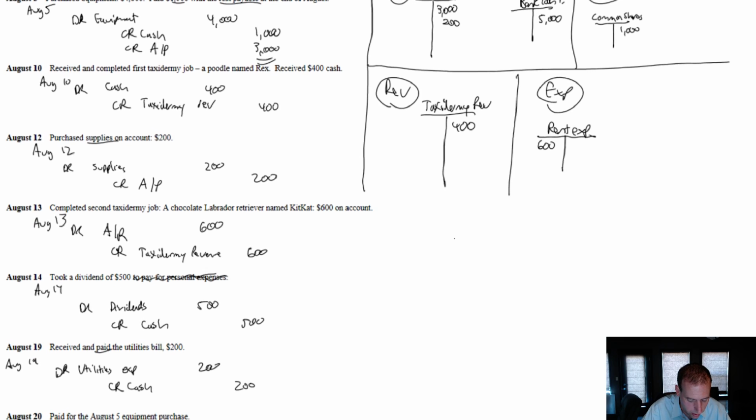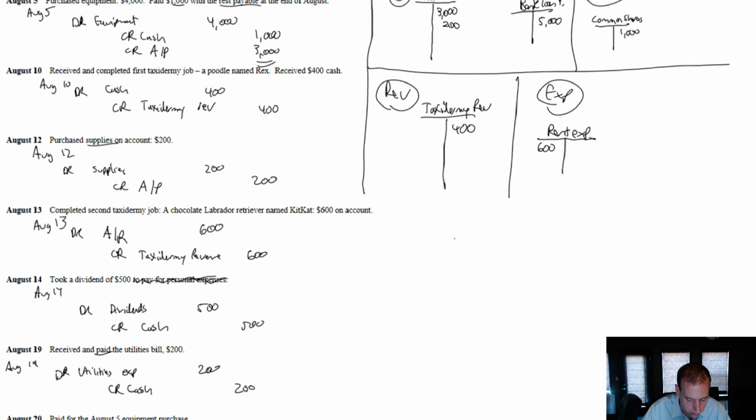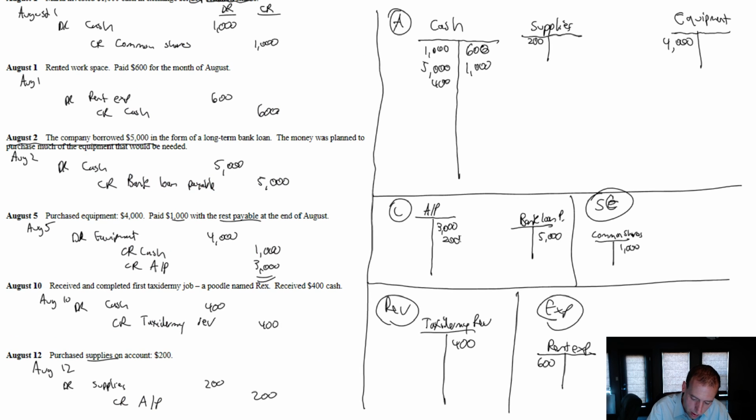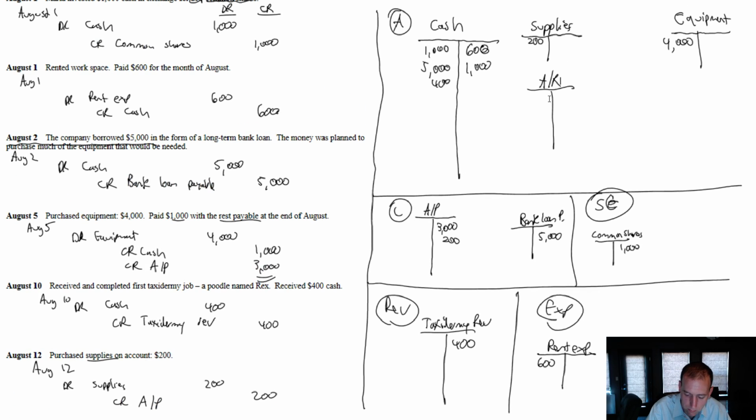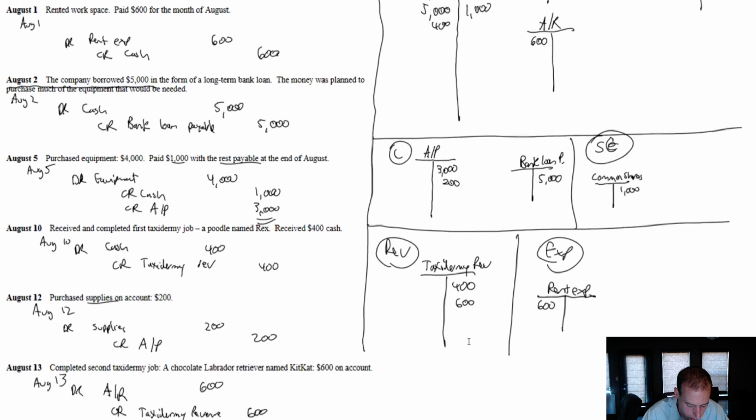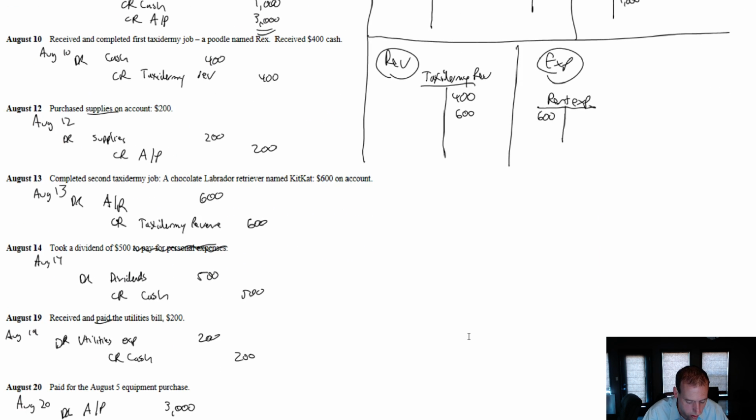Let's continue down the list. Debit AR, credit taxidermy revenue for 600. So back up. Debit accounts receivable, AR, for, I can't remember, I think it was 600. Yeah, and credit taxidermy revenue for 600. Okay, next on our list, debit dividends, credit cash for $500.